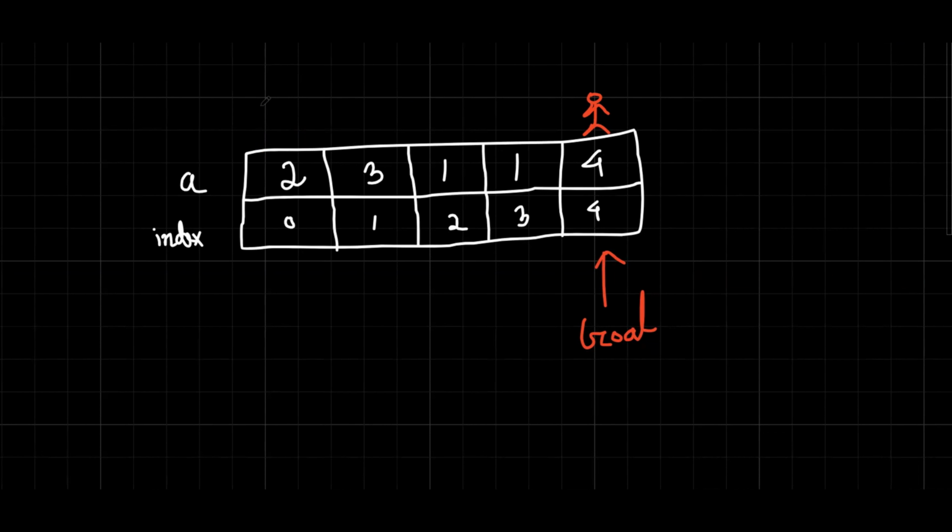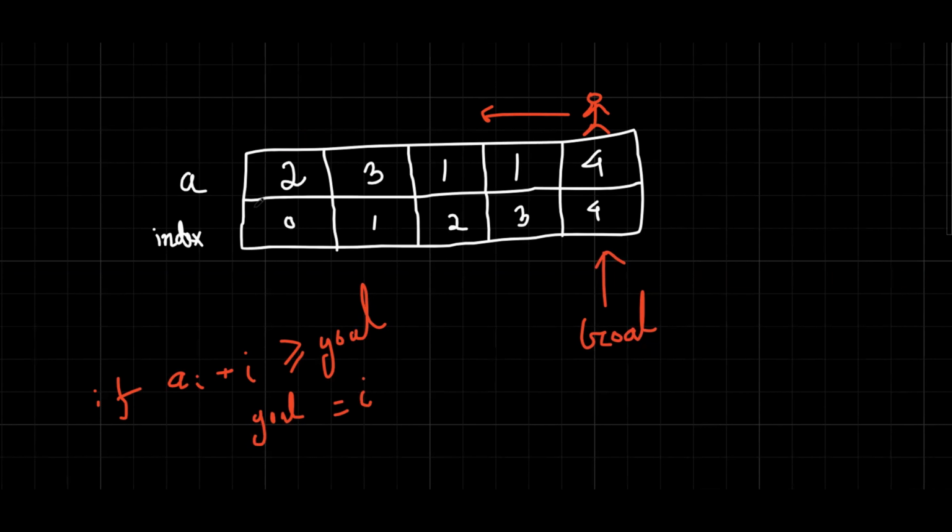Now, our algorithm is, for each iteration from the back, we will check whether the value of a of i plus i is greater than or equal to goal or not. If it is, then we have to update our goal to i.